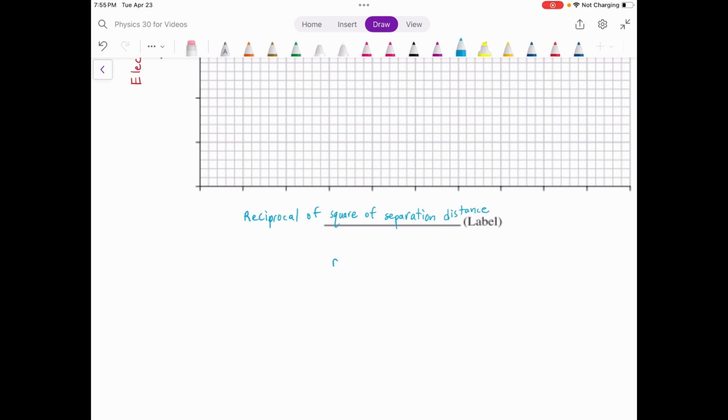Well, r, or d in this question, is measured in meters, right? So 1 over r squared is 1 over meters squared. Or we often just write that as meters to the minus 2. Right? The same way, in math, x to the minus 1 equals 1 over x, it works the same way in physics. So we've got units of meters to the minus 2.